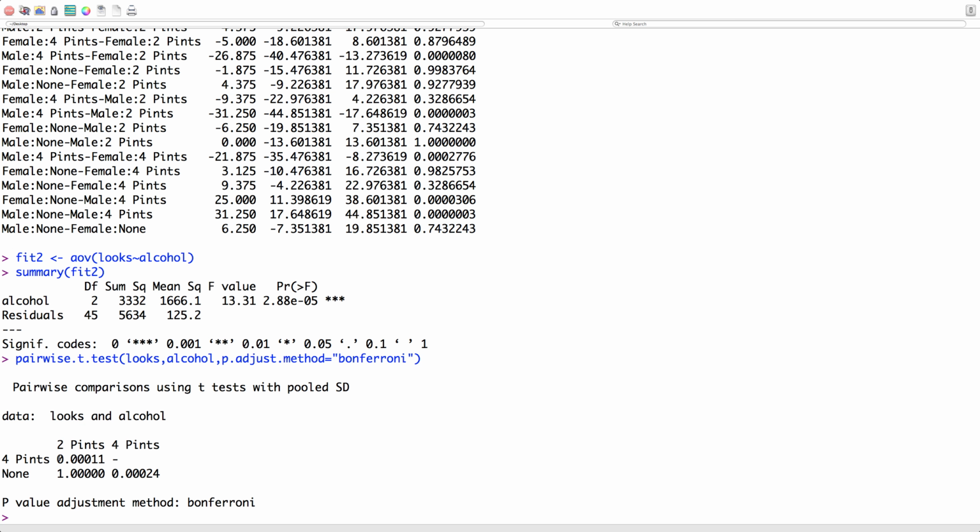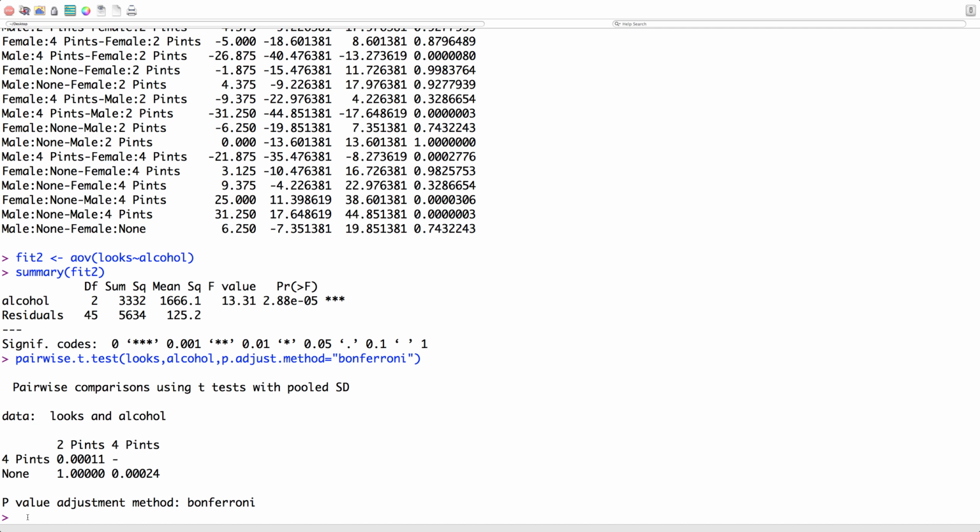Taking out the gender effect, there's a statistically significant difference between 2 pints and 4 pints. And there's a statistical significance between 4 pints and no pints. But there's no statistical significance between 2 pints and no pints. So the common denominator here is the 4 pints, which is showing up even when we include the gender effect.